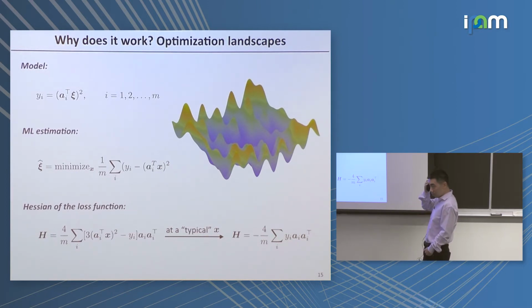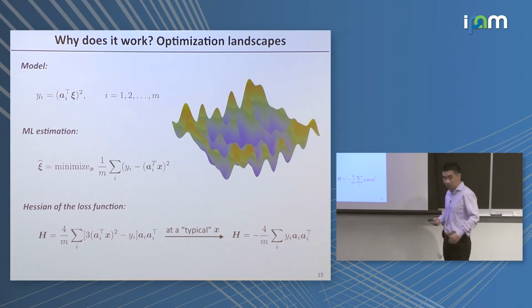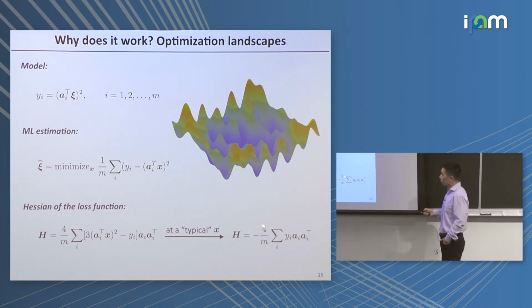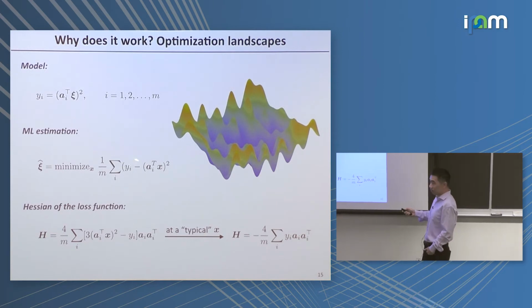So in other words, this method can be understood as picking the direction that gives you the maximum descent in terms of the Hessian. So that's another explanation for why this is the case. And of course, you don't need to use this naive loss function. You can use a more advanced version of this loss function, and then it turns out you can have much better performance. I will briefly come back to this point later on.